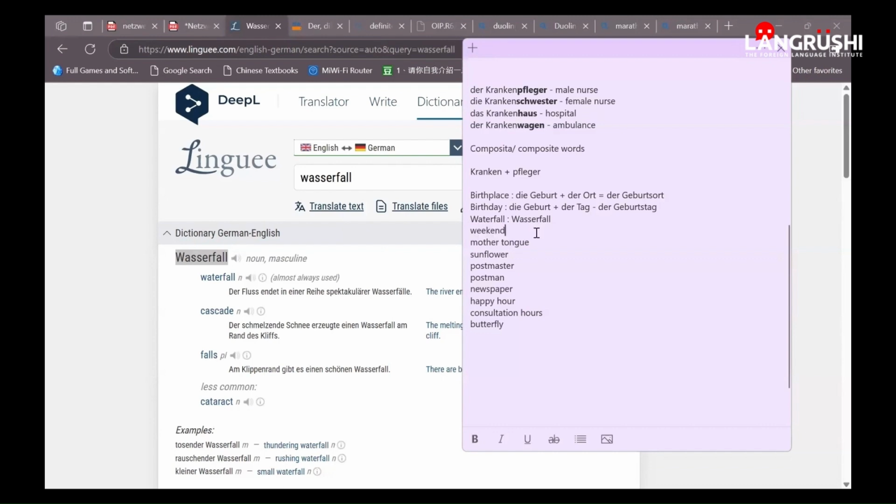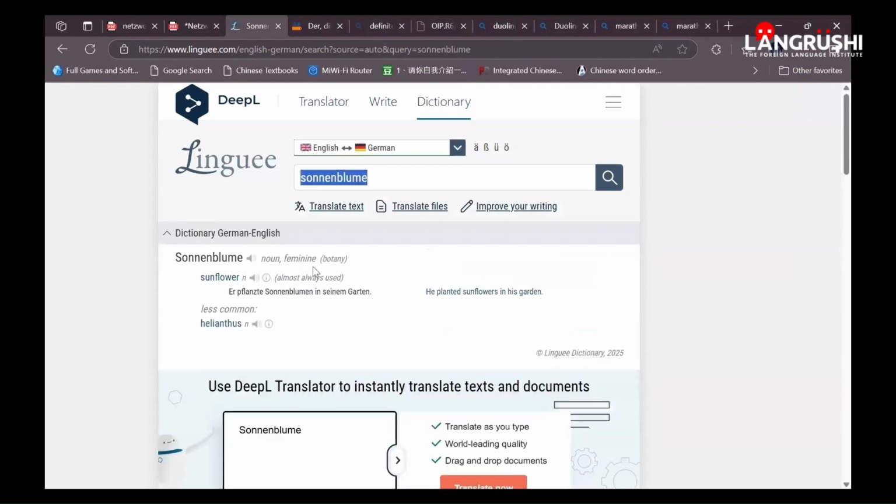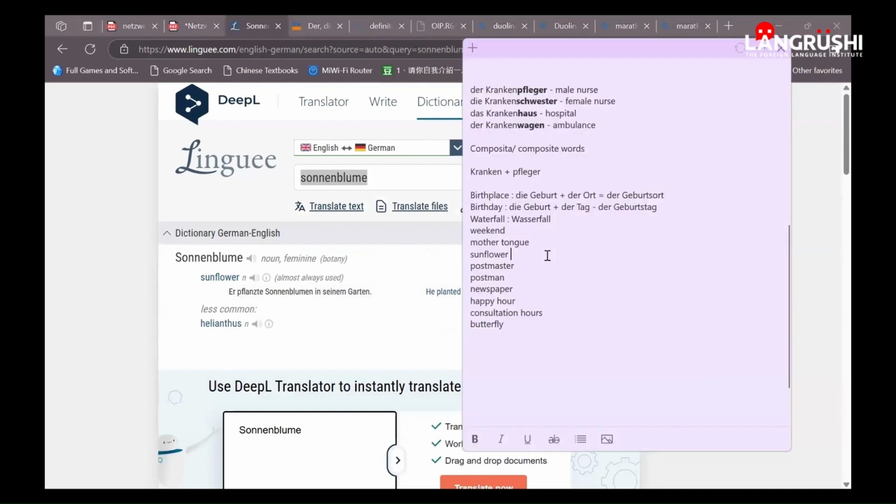Also, weekend: Wochenende, das Wochenende. Mother tongue: Muttersprache, die Muttersprache. Sunflower: Sonnenblume. So this way you can try to understand.